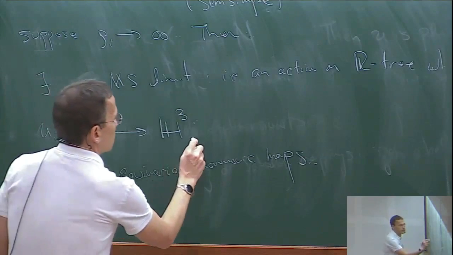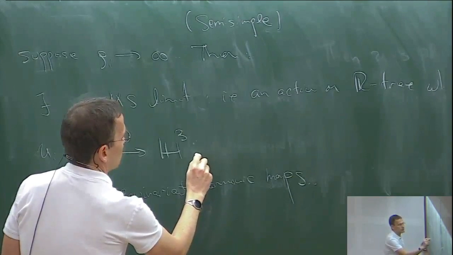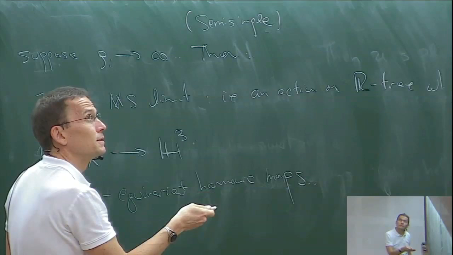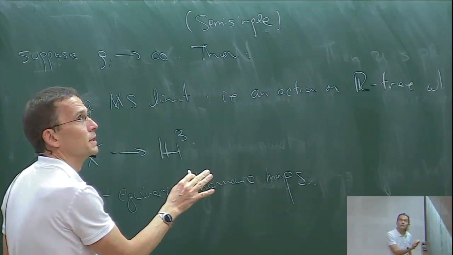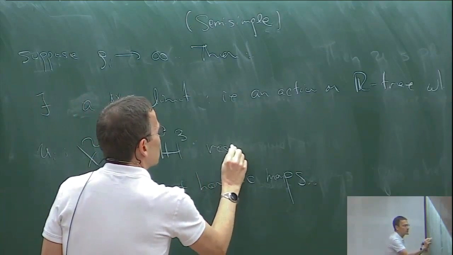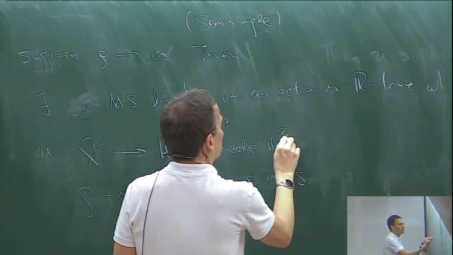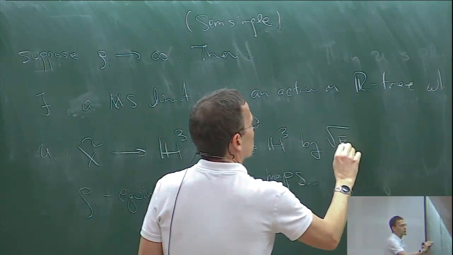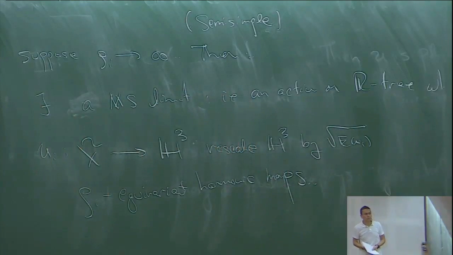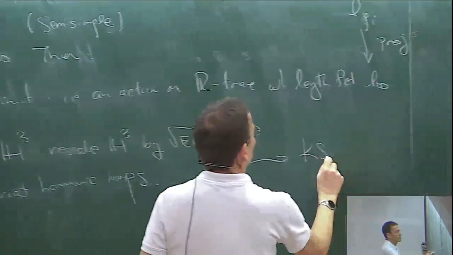I divide by the square root of the energy. I want the curvature to go to minus infinity. So we rescale H3 by the square root of the energy of the u_i. Okay? And then we obtain from this a Korevaar-Schoen limit.